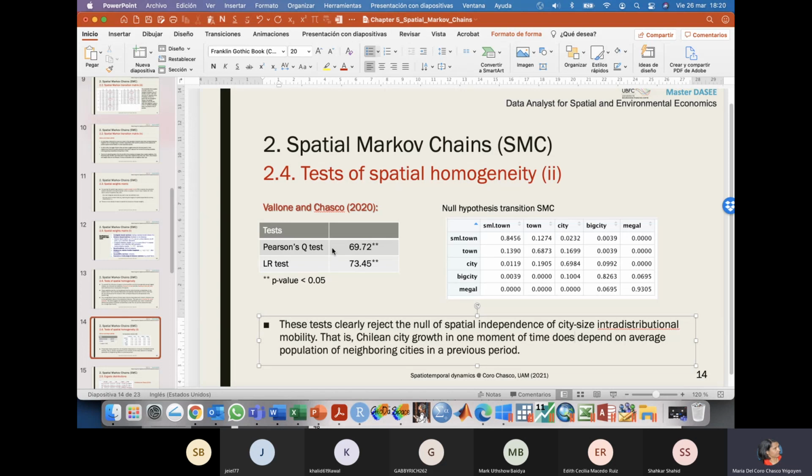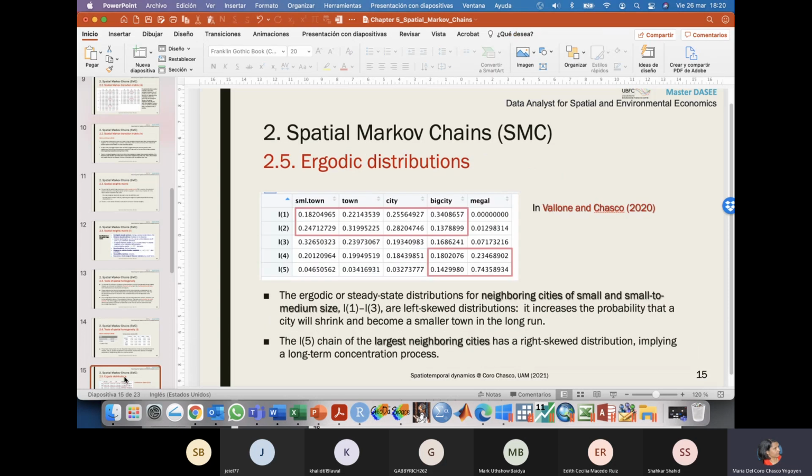So how do you create wealth in a place when it is surrounded by a desert? It is not easy. As you know, it's a big challenge everywhere. And the ergodic distributions are also important here.